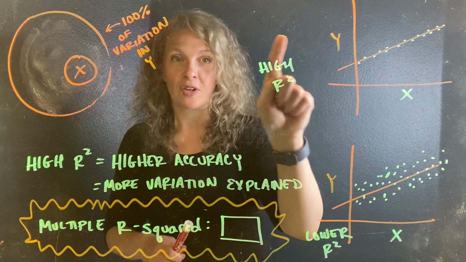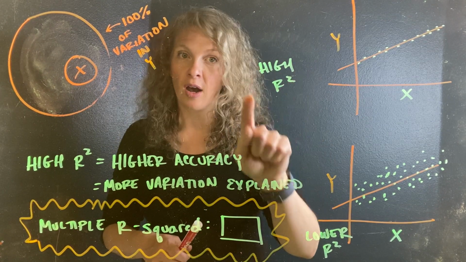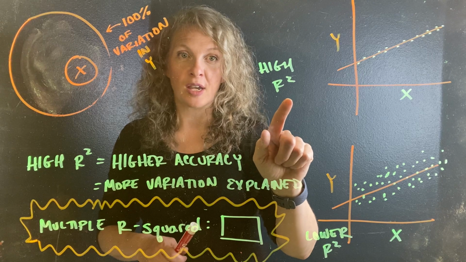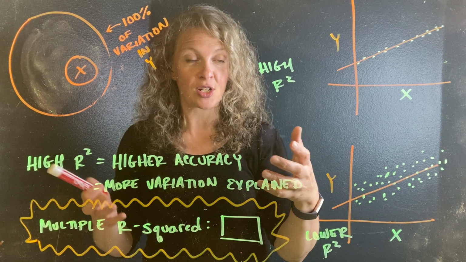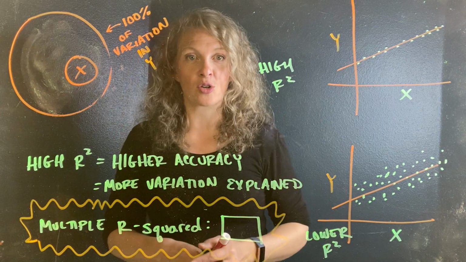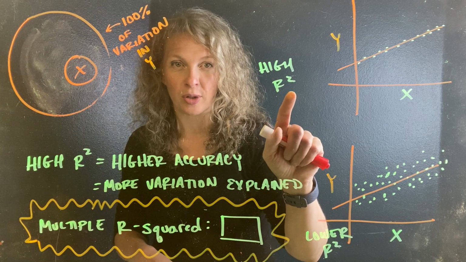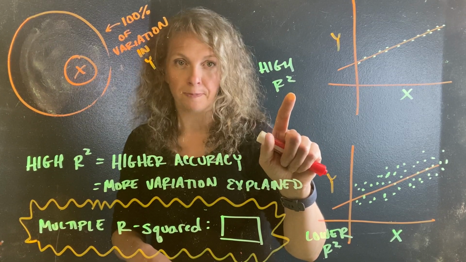And you're going to judge your entire model by whether or not you have variables that you can use in the future for predictions and you get a high R squared.